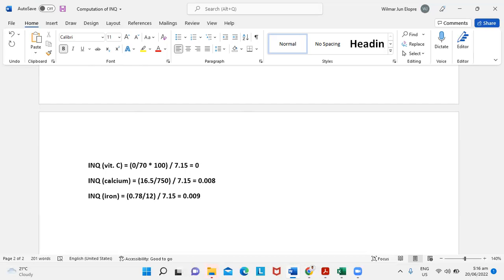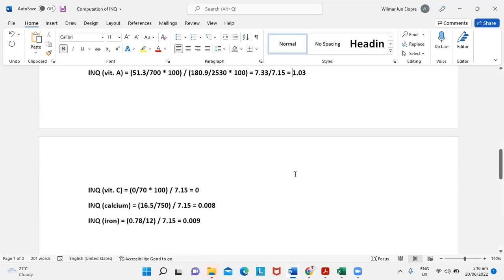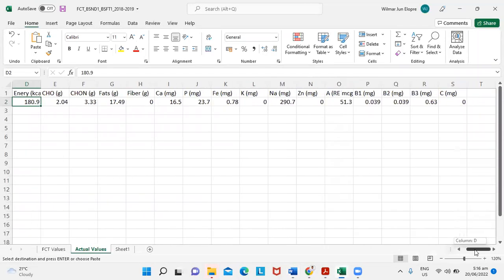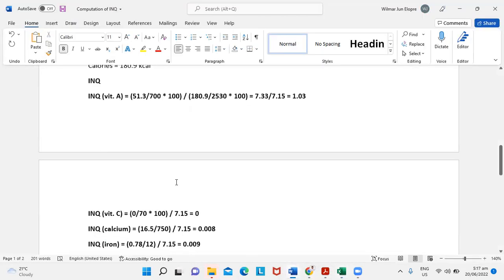Okay. So, yeah, isa ra ang niabot og 1. So, atong tan-awon ang ubang nutrients here, for sure gamay ra na siya, zinc, kay 0 ang zinc. Gamay siya B1 and B2. Okay? So, dili na siya moabot og 4, guys. So, pwede na nato maingon, no? Nga si bacon is not considered technically nutritious.